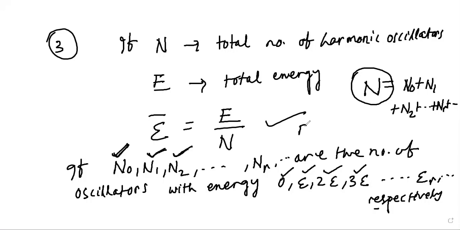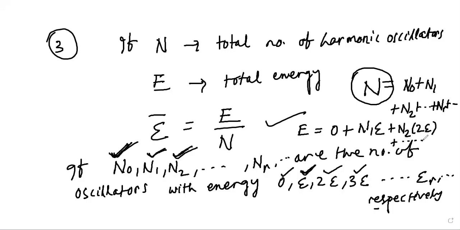Similarly, if you want to write the total energy, n0 oscillators have energy 0, so the total energy will be n0 times 0, which gives 0, plus n1 oscillators having energy E, so n1 times E. Similarly, n2 oscillators have energy 2E, so you multiply n2 by 2E.